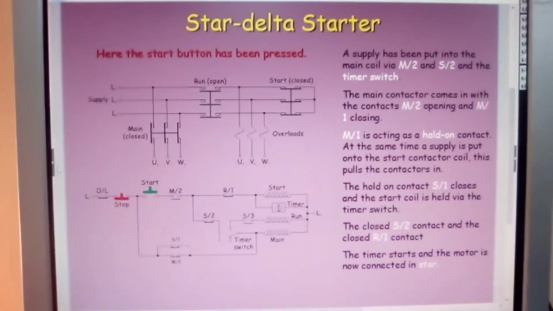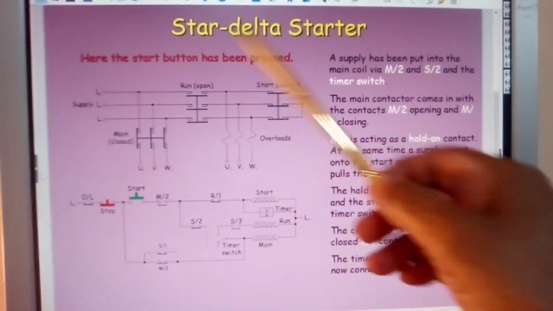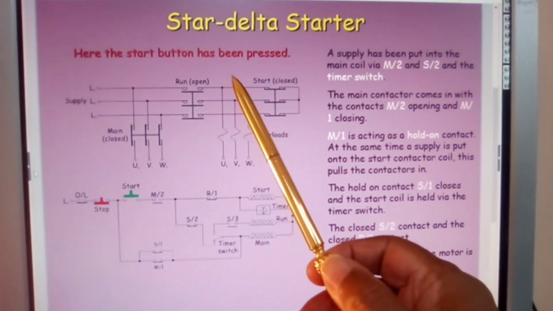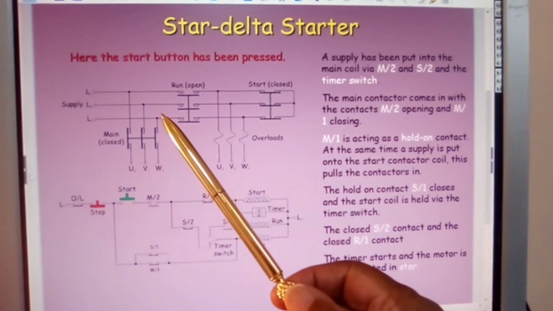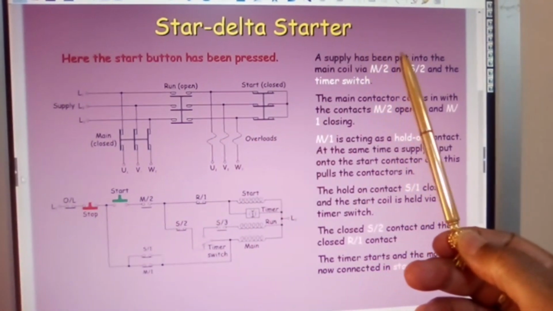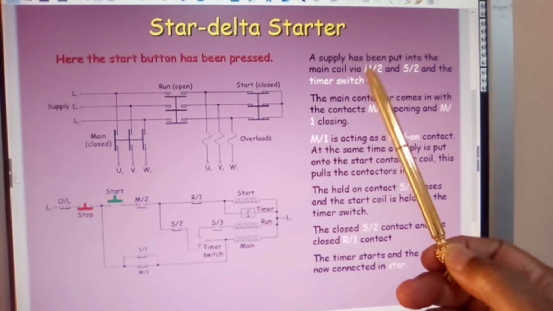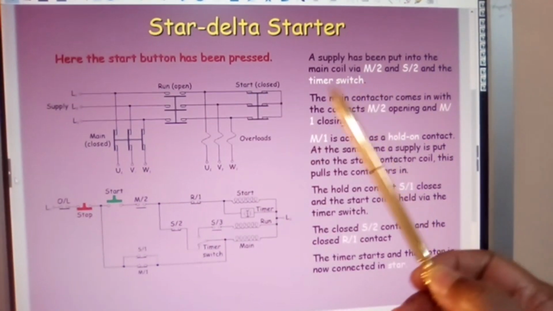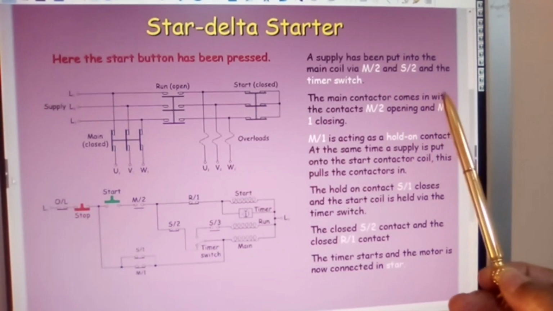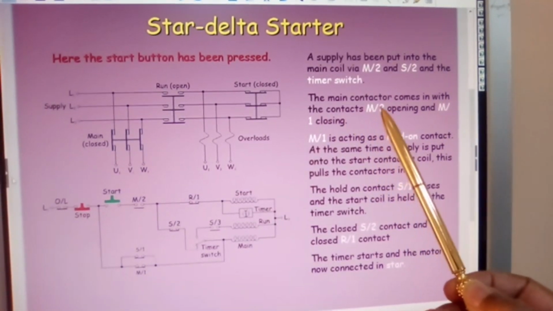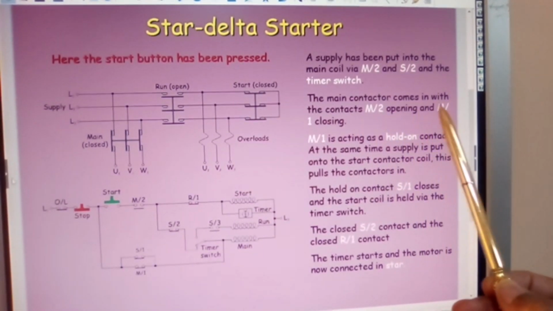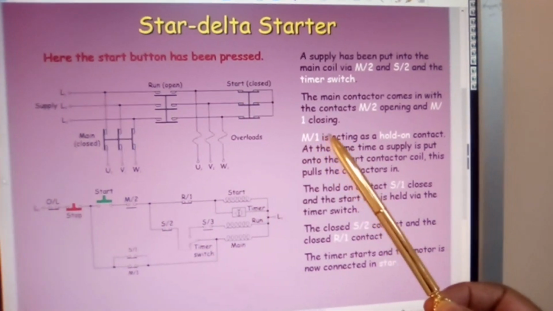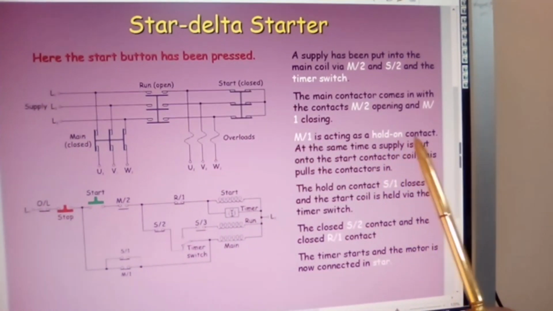Here the star delta starter. Here the start button has been pressed. So we're looking at the press button. A supply has been put into the main coil via M2 and S2 and the timer switch. The main contactor comes in with the contacts M2 opening and M1 closing. M1 is acting as a hold-on contact.